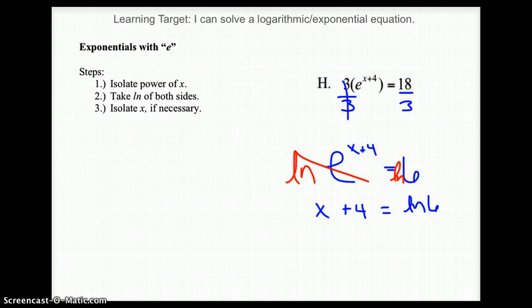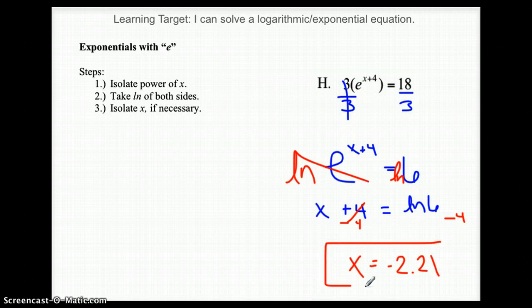Now be careful. Do this in your calculator first, natural log of 6, and get the decimal. And then keep that decimal on your screen. Because to get x by itself, you're going to have to subtract 4. Okay? So after you've calculated that in your calculator, then have that on your screen and hit minus 4. And then you should get an x value of negative 2.21 if I round it 2 places.